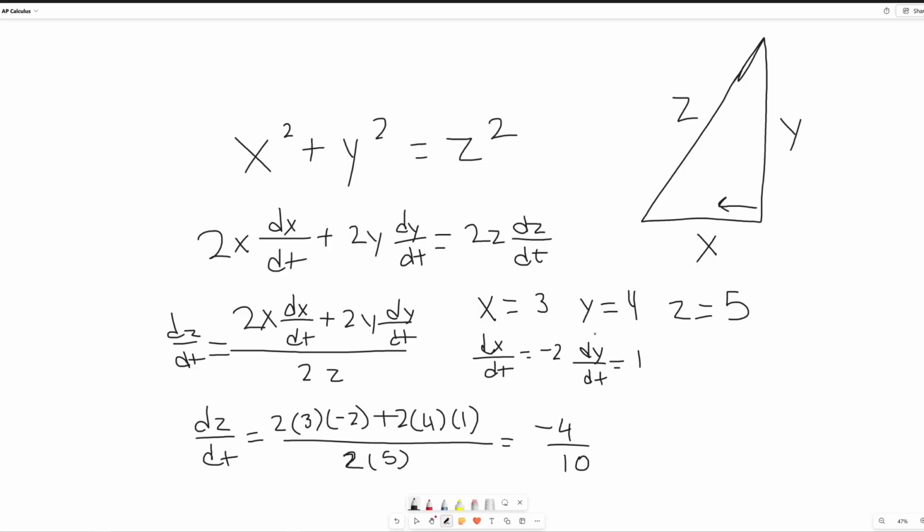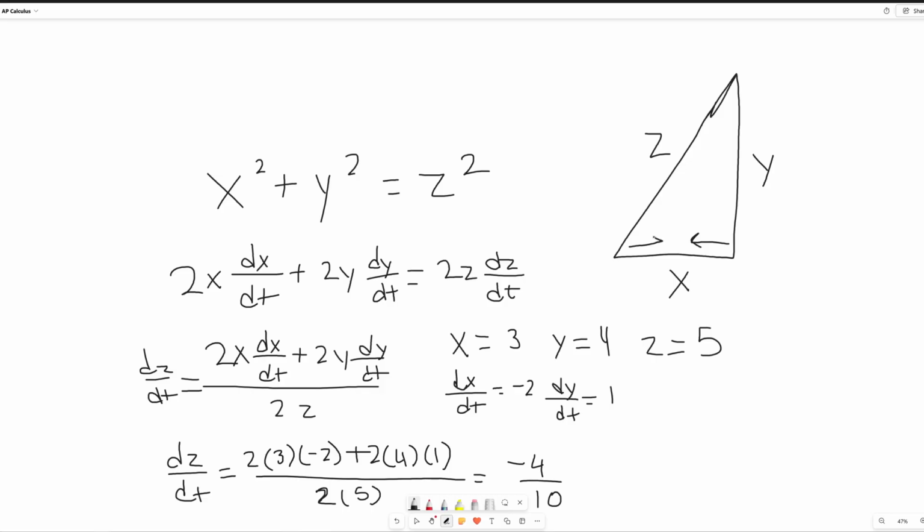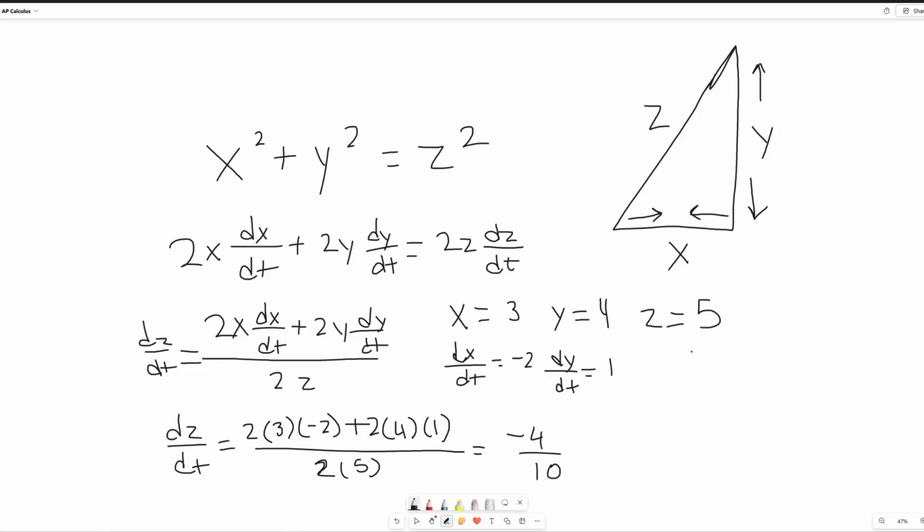It's shrinking at a rate of -2 meters per second, we can just say. dy dt, by contrast, is growing by 1 meter per second. And now, knowing that relationship, you want to find out how much dz, or just z, is growing by. That's what dz dt is. How much is z changing with respect to time?